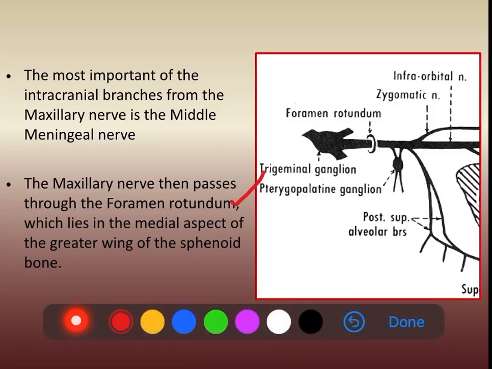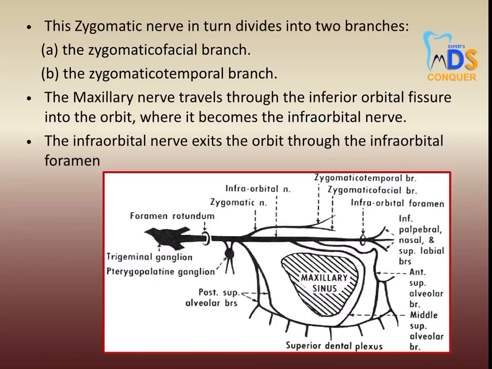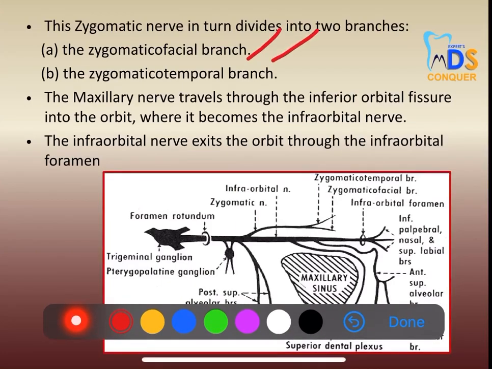So, as we know, this was an important question in PG preparation. So, again it has other branches, a zygomatic nerve in turn, that is zygomaticofacial and zygomaticotemporal. So, these points you have to put in there.